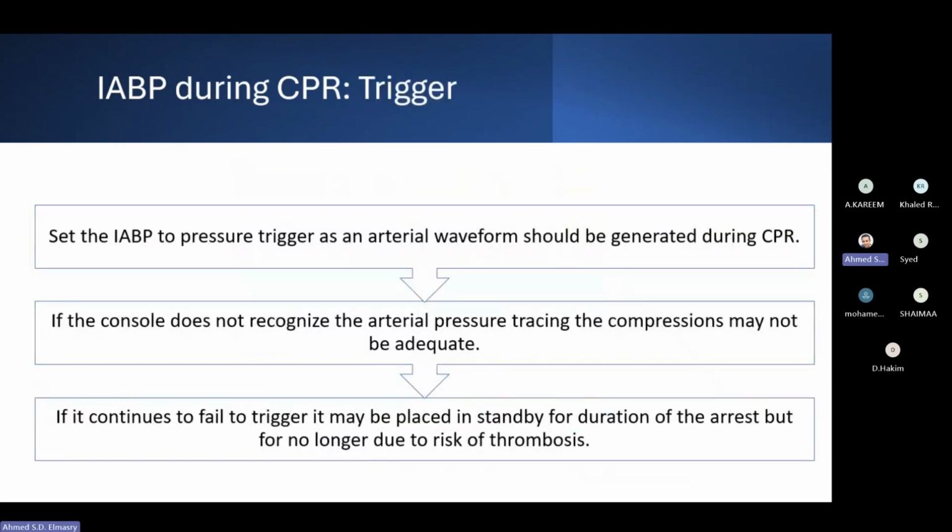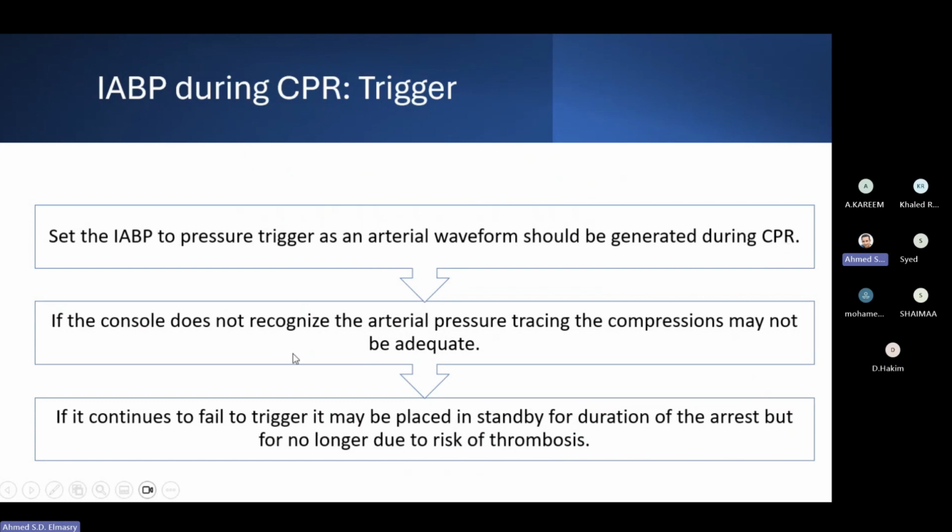So what should you do during the CPR with an intra-aortic balloon? The first thing is that you have to change the trigger. If you are in the auto mode, you should activate the semi-auto mode, and you should change the trigger to the arterial waveform, the arterial pressure trigger, during the CPR.